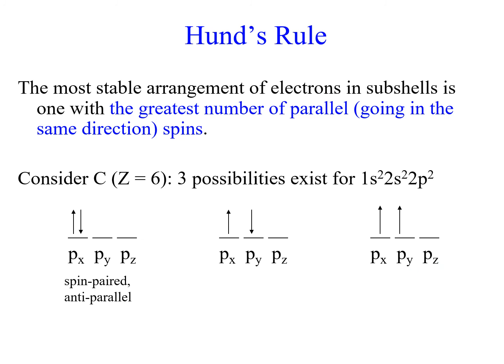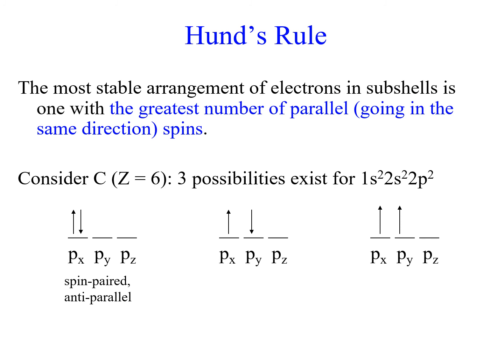These are on the left called spin-paired antiparallel. Spin-paired means that they are in the same orbital, and antiparallel means that one is going in one direction, let's call that plus 1/2, and the other is going in the minus direction, let's call that minus 1/2.